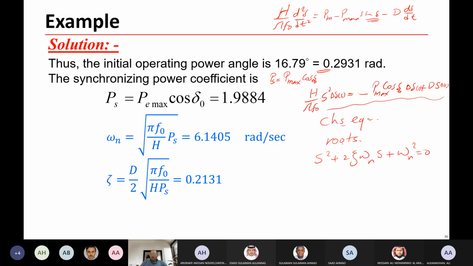If you write this in this standard form, you can easily see what is omega n, what is zeta, and so on. So you can easily derive these forms. Okay, so omega d equal to omega n square root of 1 minus zeta square. So this is the damped frequency of oscillation, and this is natural frequency of oscillation.